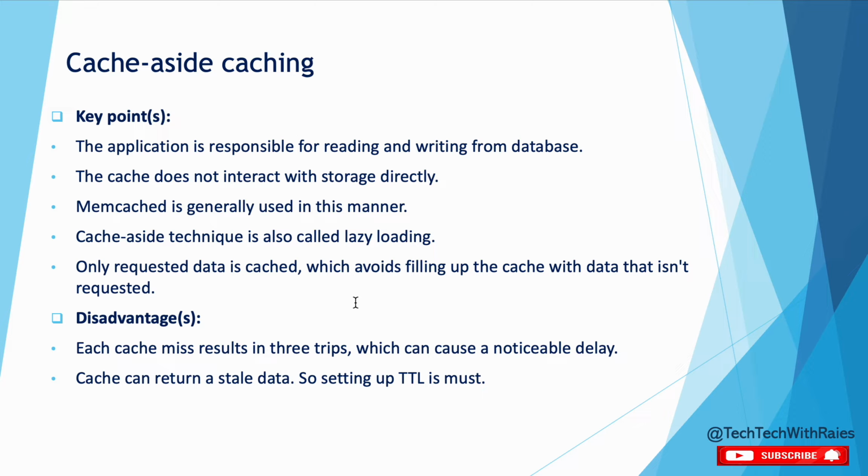Basically, let's say there is some fresh data available in the database, but the request comes in and it is returned from the cache itself, so it can return stale data. So it is better to provide a TTL to the data, so that after some time it expires and can be replaced with fresh data. So let us move on to the next slide.